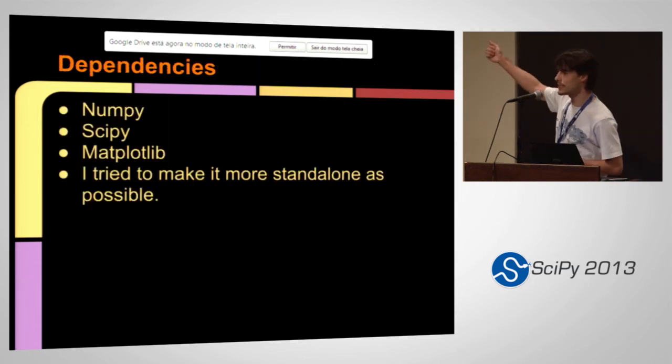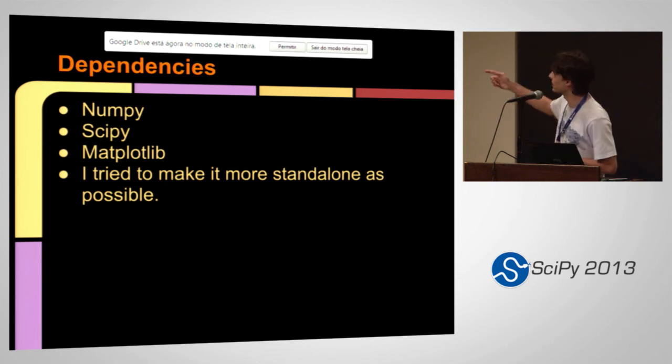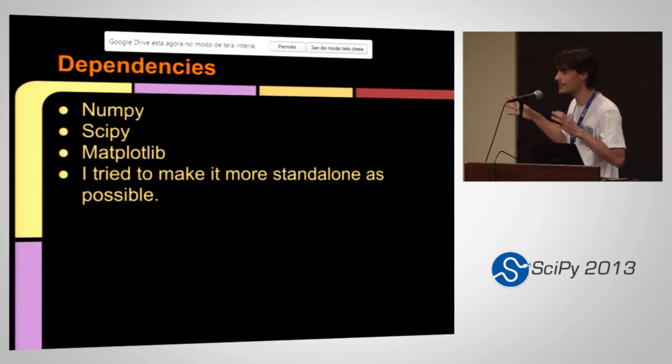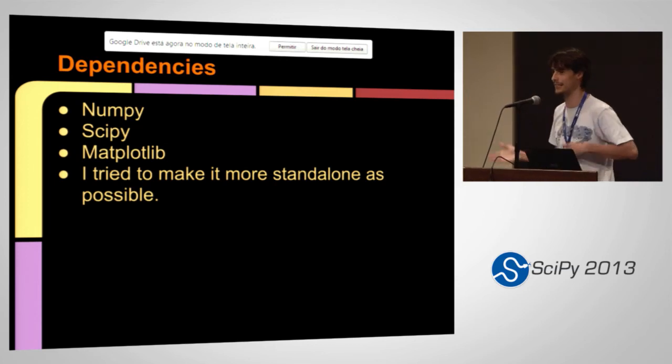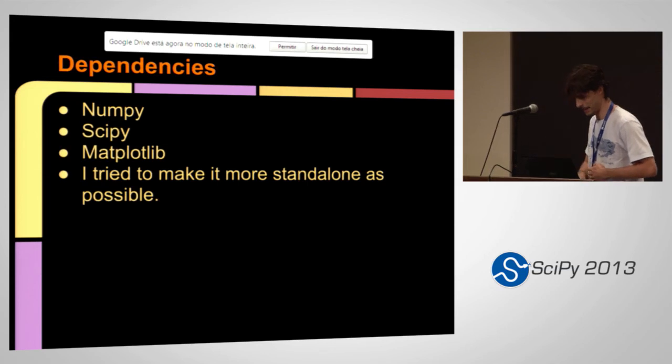I implemented the adapted Gmode clustering method using NumPy, SciPy, and Matplotlib. I tried to make it as standalone as possible. I have to explain that I learned Python when I was implementing this method. So I started learning NumPy, SciPy and Matplotlib. So that's how I ended up with my coding.